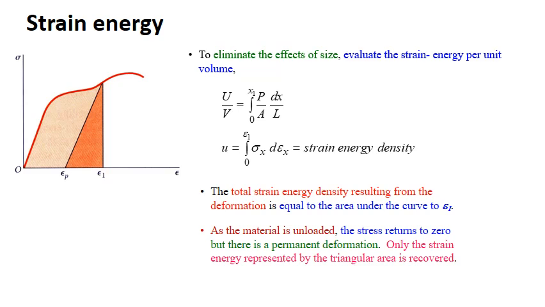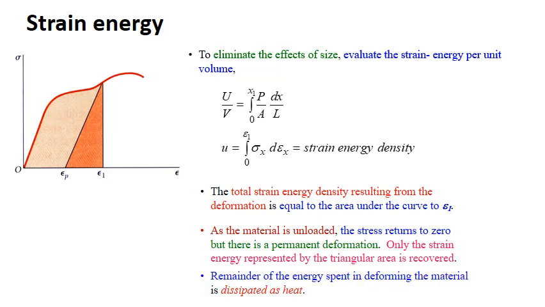So there will be some permanent deformation left in the component with a strain epsilon P. That cannot be recovered, that will be dissipated as heat. So the strain energy density of a member subjected to axial loading is equal to the integral from 0 to epsilon 1 of sigma x d epsilon x, which is the general expression you must remember.